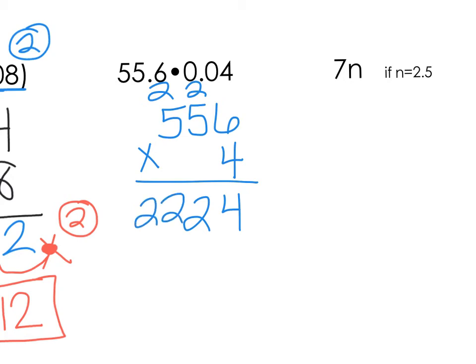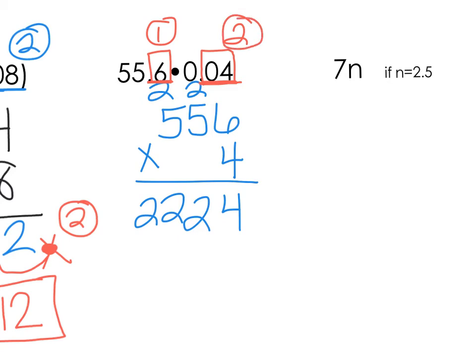Okay, now that I've multiplied like normal, what you're used to, we're now going to count how many numbers are behind a decimal. That's how many decimal places there are. If we look at 55.6, 6 is the only number behind the decimal. So there's 1 decimal place in the first number. And then in the second number, we have 2 decimal places because there's 2 numbers behind the decimal.